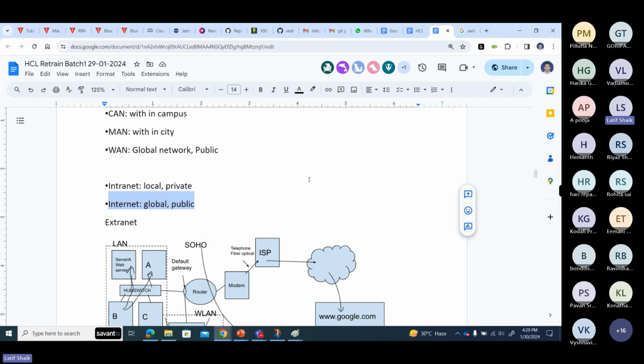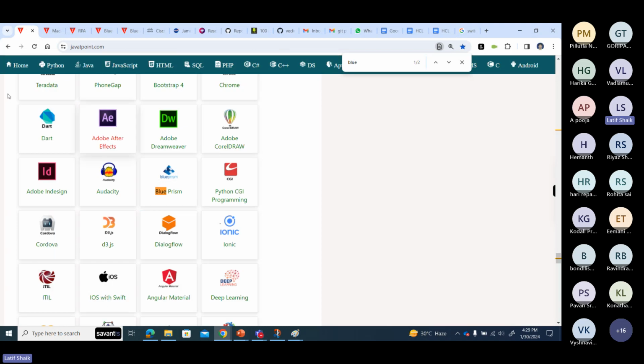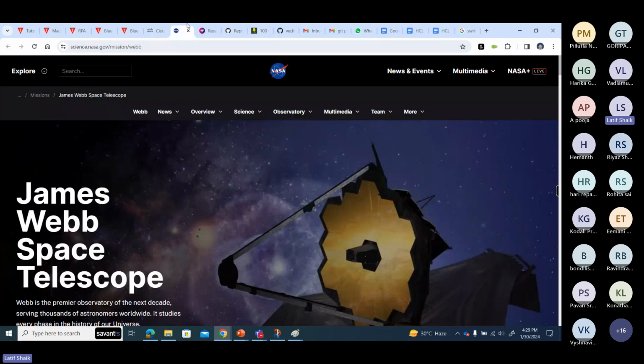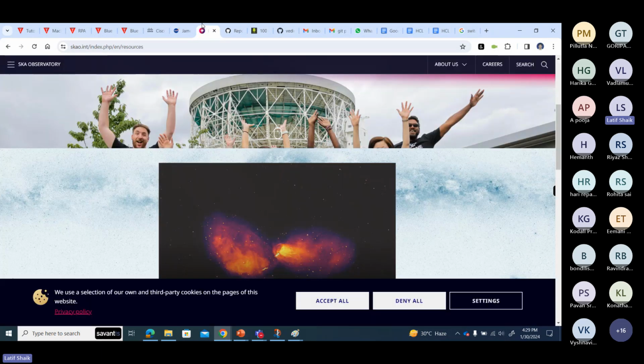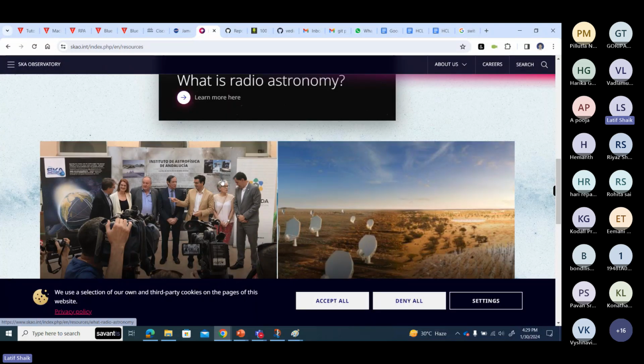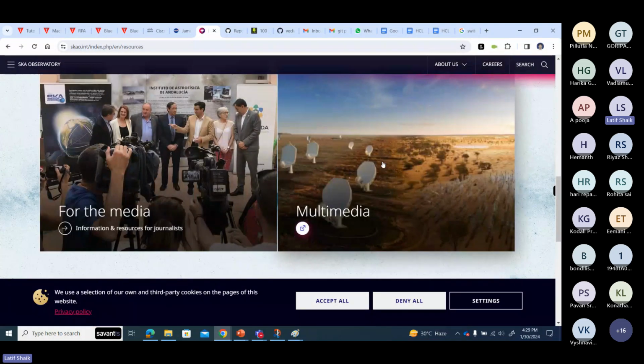We are accessing so many things from the internet. I'm accessing this site Tutorialspoint, this Cisco site, this NASA website, which is space research related.